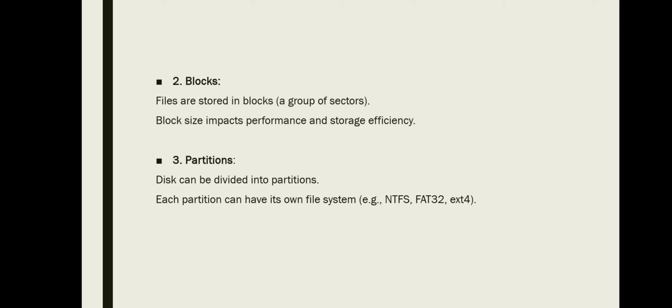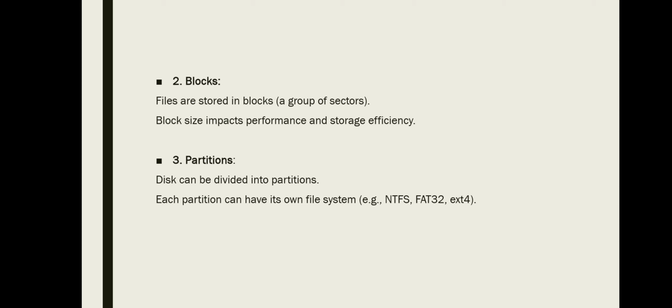The next one is blocks. What is a block? Files are stored in blocks. Block size impacts the performance and storage efficiency. A block is the smallest unit of data that the OS can read or write, and multiple blocks form the files.